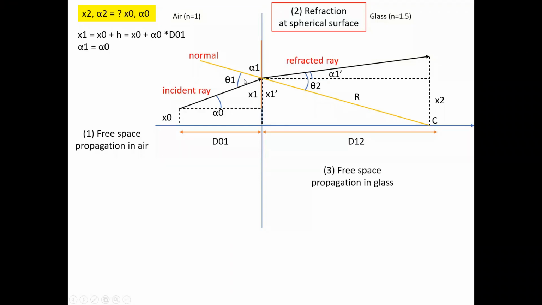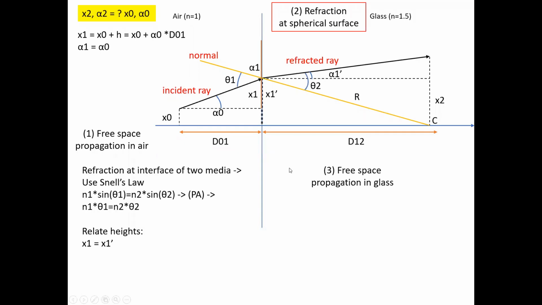We have to define the angles. The incident angle, which means the angle subtended by the incident ray with the normal, I've defined that as theta 1 over here. And the angle subtended by the refracted ray with the normal, which I've termed as theta 2 over here. Okay. So we will use Snell's law for refraction at the interface of two media. Snell's law is n1 times sine theta 1 equals n2 times sine theta 2.